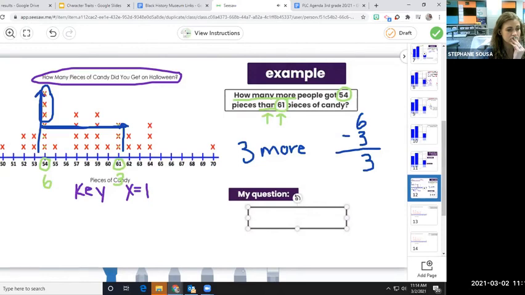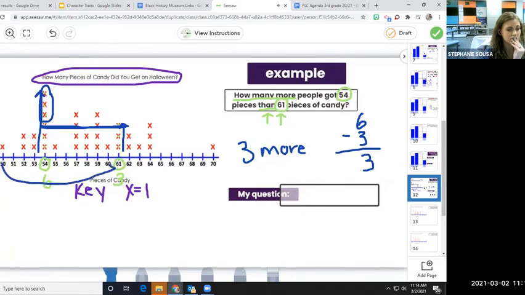I'm wondering how many students, how many people got between 50 and 60 pieces of candy? I'm wondering how many people got between 50 and 60 pieces of candy. I wonder if somebody can use the line plot and figure that out.